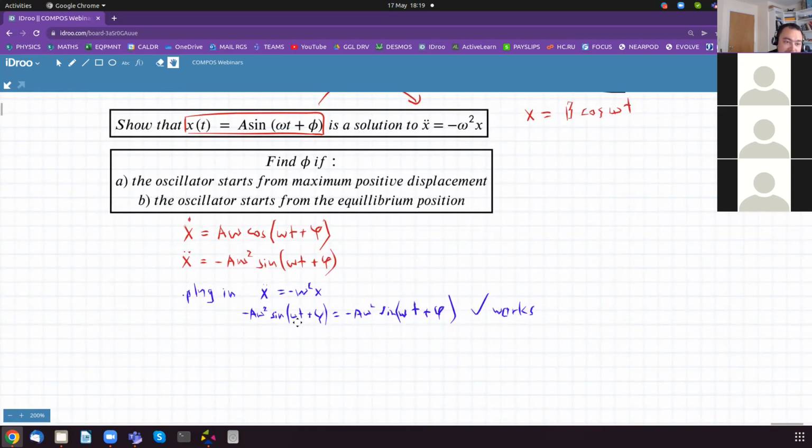So if the oscillator starts from maximum positive displacement, basically that. So what does that mean? If t is 0, the maximum displacement is a. x is a. And we use that to find phi.